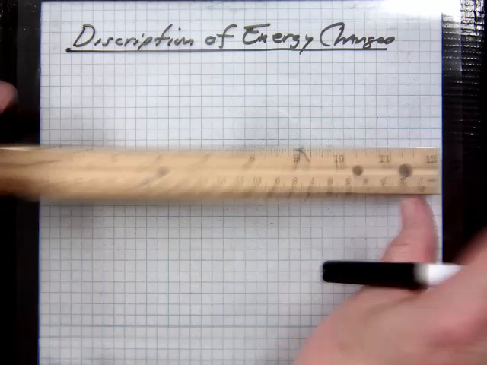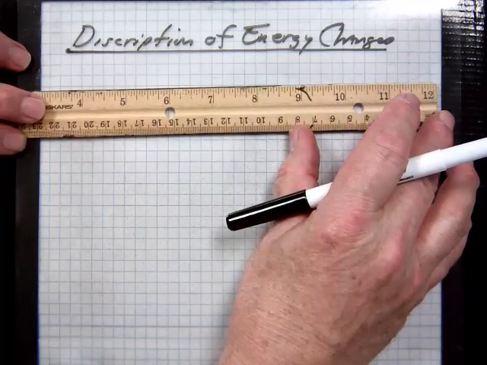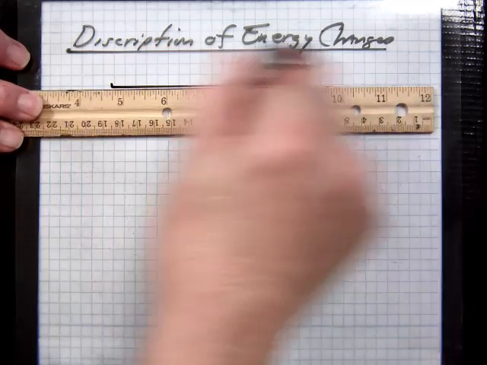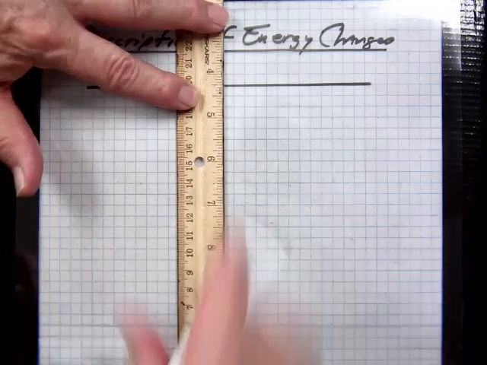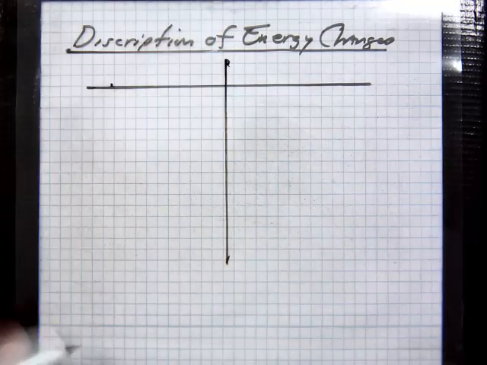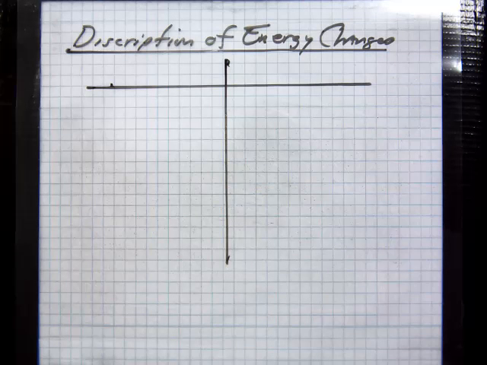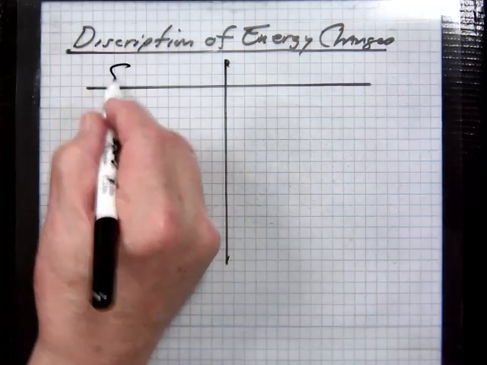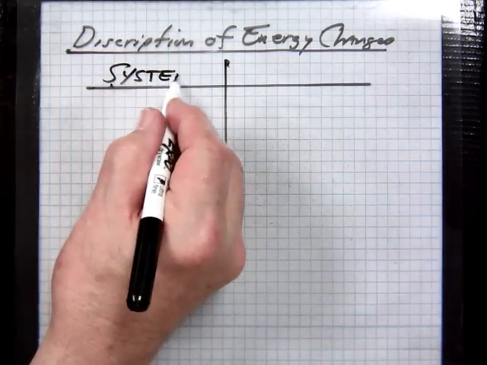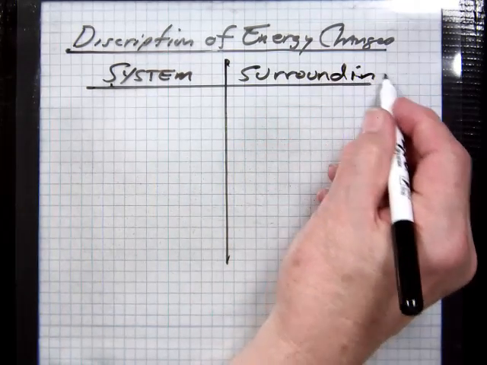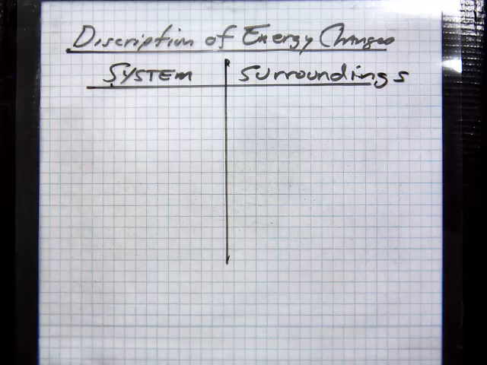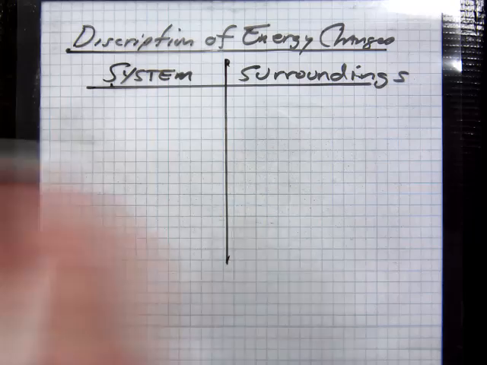So what you need to do to understand this is build a T-table, and we'll fill in the blanks. Most of this is terminology that you already know. On the left side is the system, and the other side is surroundings. When we talk about the system, we're talking about the object of interest, the thing we're trying to study. Of course, that's the chemical reaction.